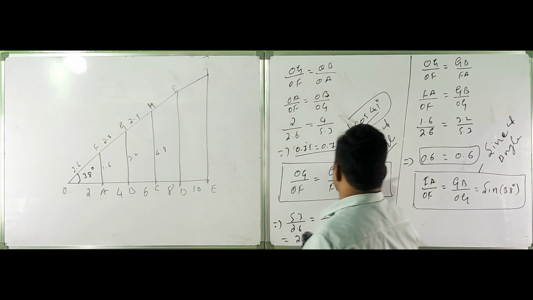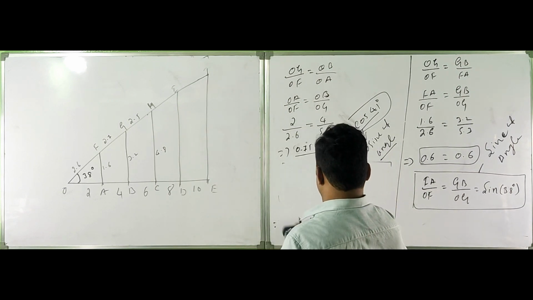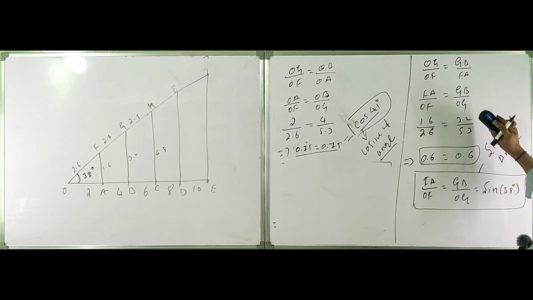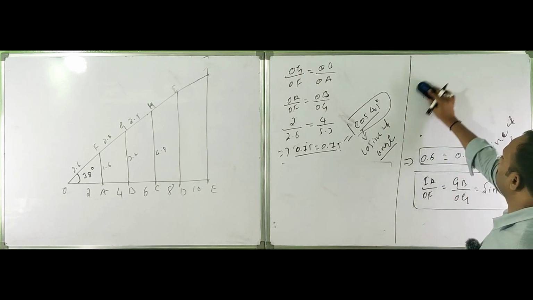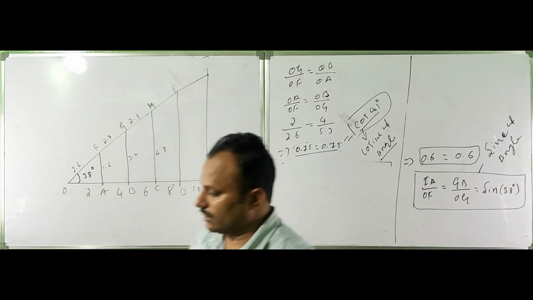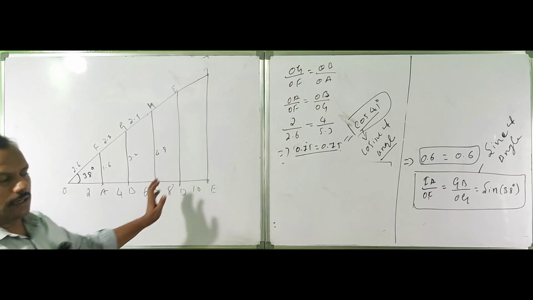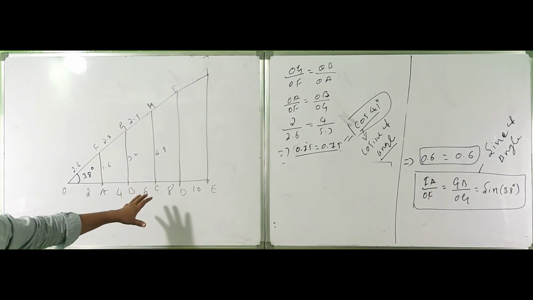So I am getting things here: sine of angle and cosine of angle. Okay. We are going to define the terms, ratios. See here also, with respect to sine it is 38, with respect to cos it is 41, right?